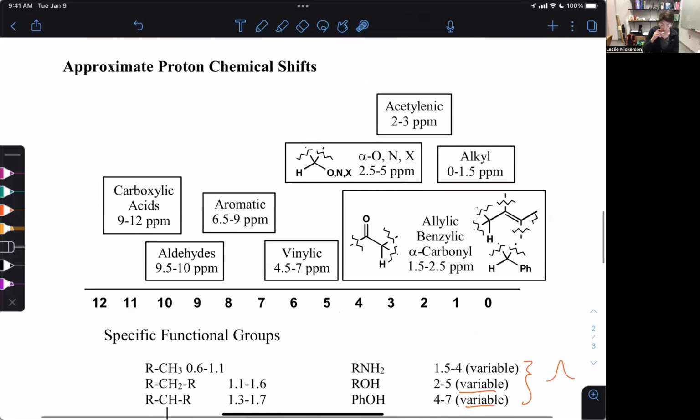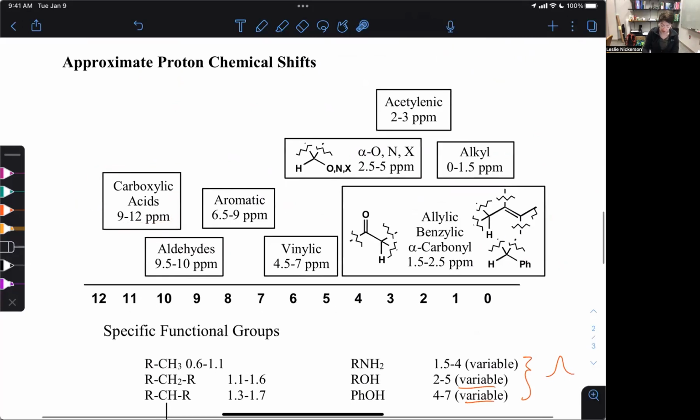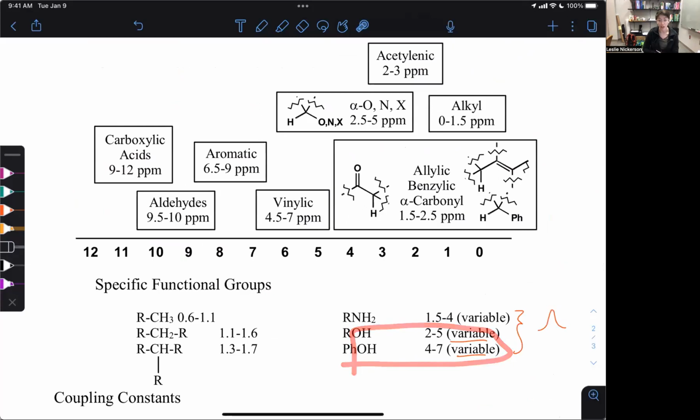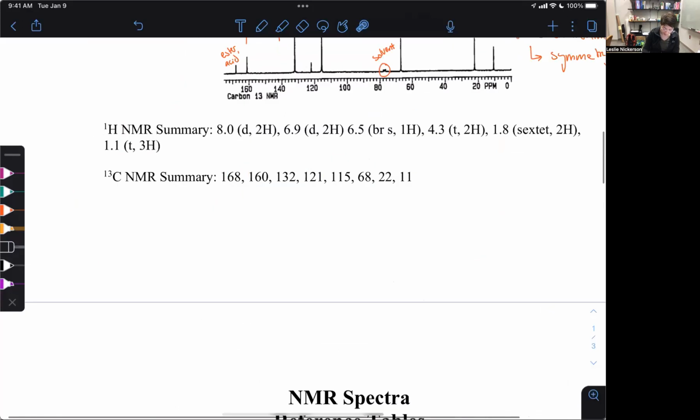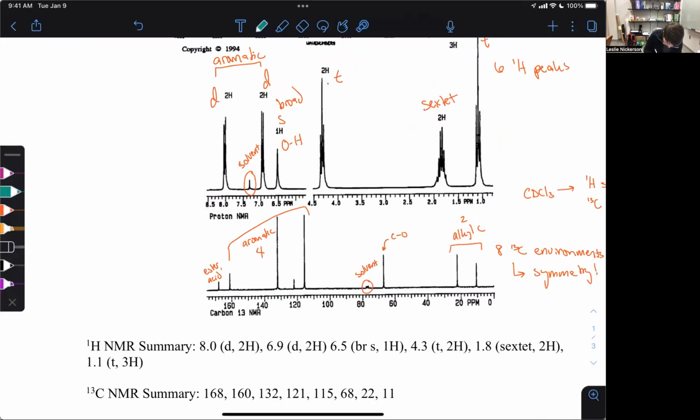If I was looking for a carboxylic acid OH, we're looking between 9 and 12. So once I put together that I have a phenyl OH, which looks pretty decent, and I don't have that acid peak in my NMR, it's probably not an acid. I do have this OH peak, so that OH is probably on a phenyl. Okay, so that's all just putting the pieces of the puzzle together.